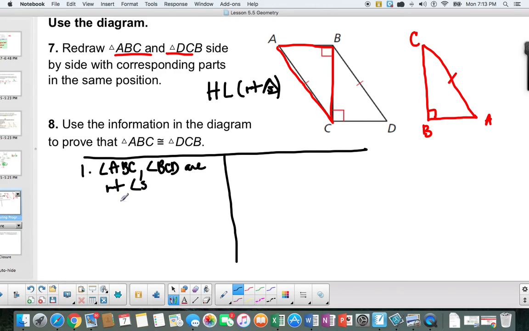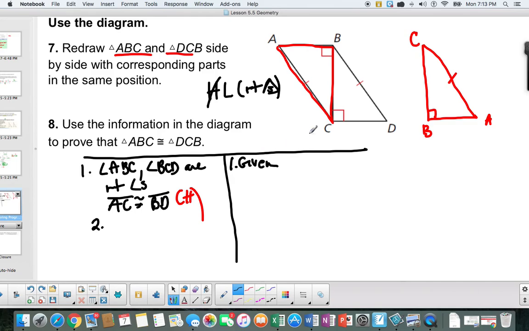And I was also given that AC is congruent to BD, right here. AC is congruent to BD, and that's going to be a hypotenuse. And so this is the given. All right, so I have the hypotenuse here.